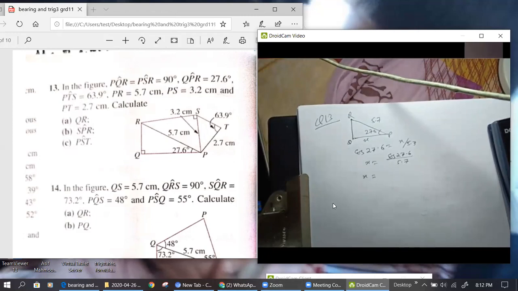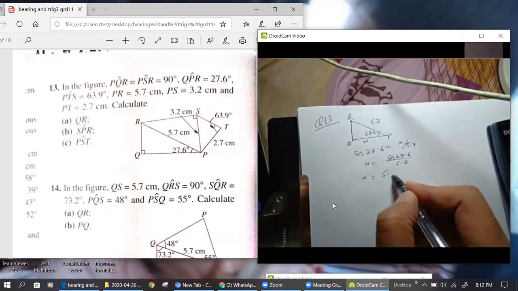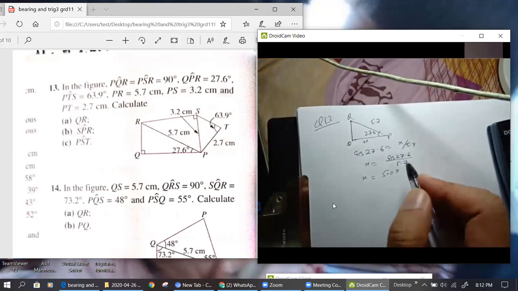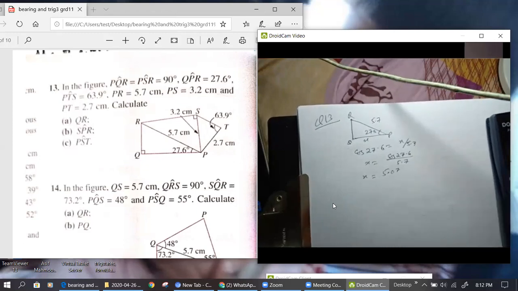Cos 27 times 5. Sir, the answer will be 5.07. Okay, I believe 5.07. We can calculate it very quickly. Cos 27.6 divided by 5.7.